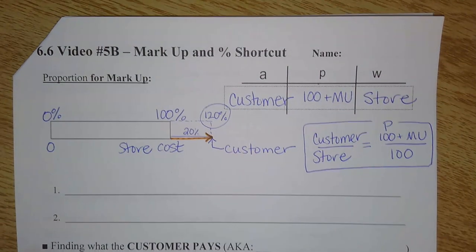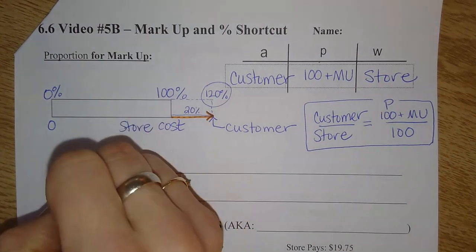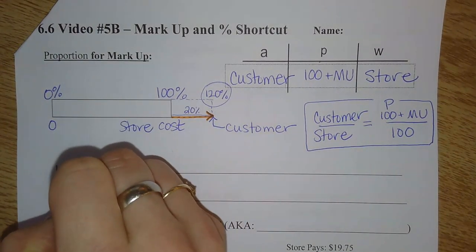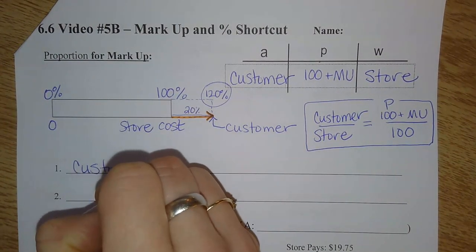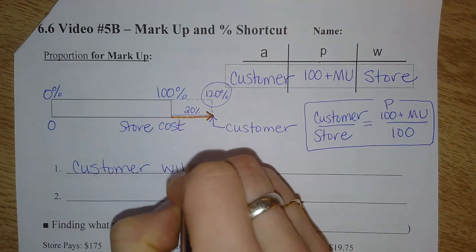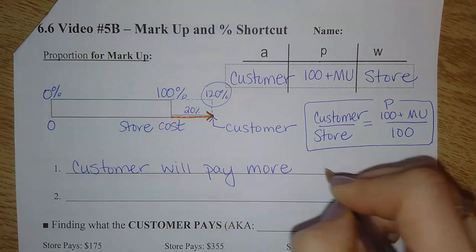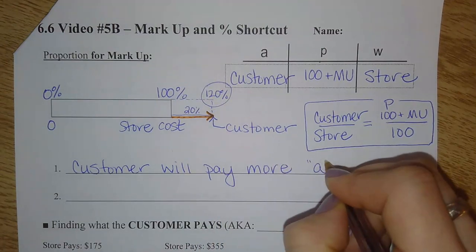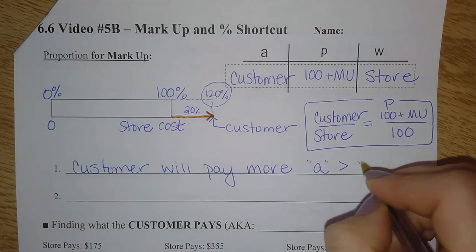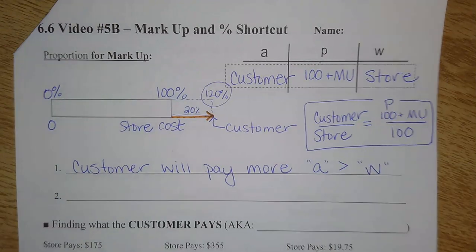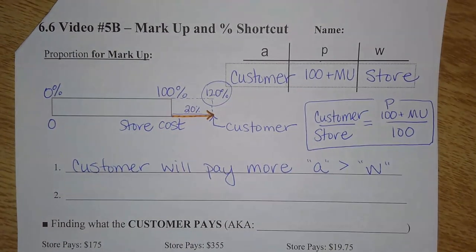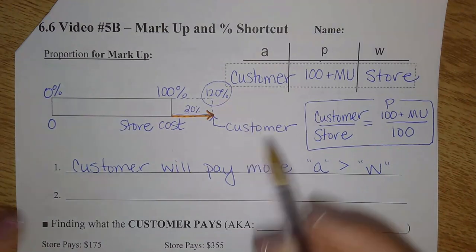Okay? Couple quick facts to remember. The customer is always going to pay more, which means A, the part, is going to be greater than the whole, which seems backwards, right? Usually we think of the part as being less than the whole, but look out here.